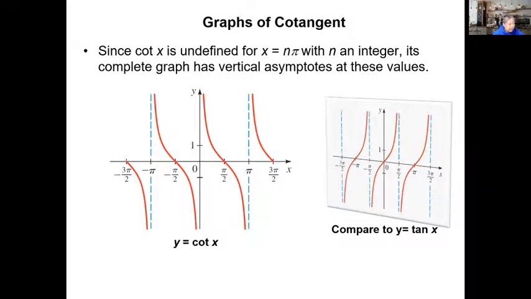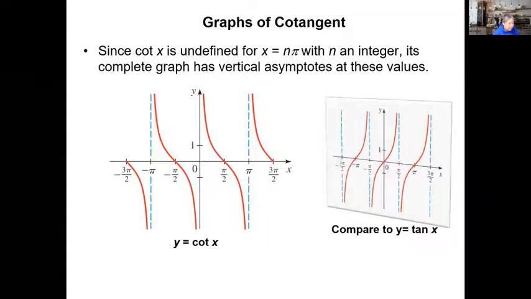For the graphical key features that you can compare between tangent and cotangent, as you see, the tangent graph had zeros at n times pi. If you investigate how the reciprocal works, it makes the cotangent values undefined, because it's upside down.